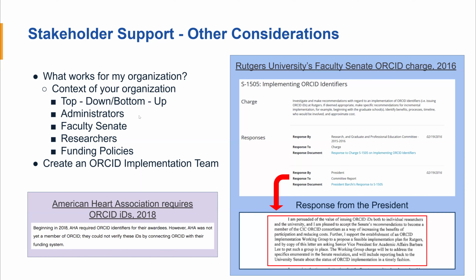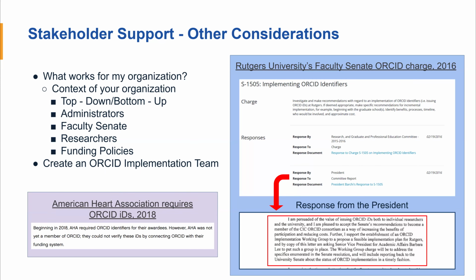Other things to keep in mind when it comes to stakeholder support. So there are some other considerations here as well. So really thinking about what works for your own organization. That could include the context of your organization. So for example, is your organization more of a top-down approach? Say your researchers listen more to the provost's office.